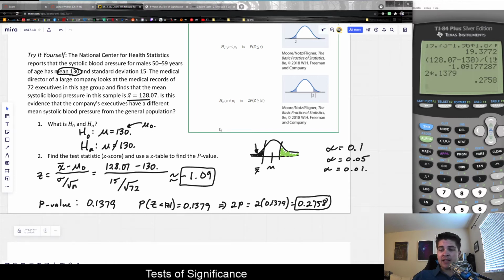Basically, remember that if your p-value is less than alpha, you reject the null hypothesis. And if your p-value is greater than or equal to alpha, or let's just say greater than, because it's rarely going to be exactly equal, it means we fail to reject the null hypothesis.